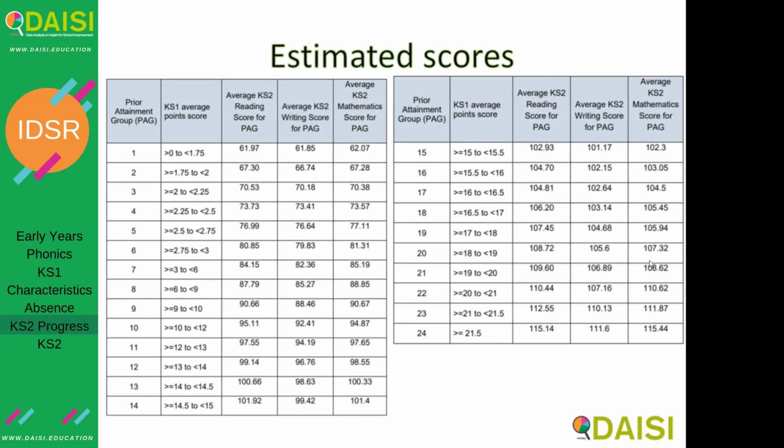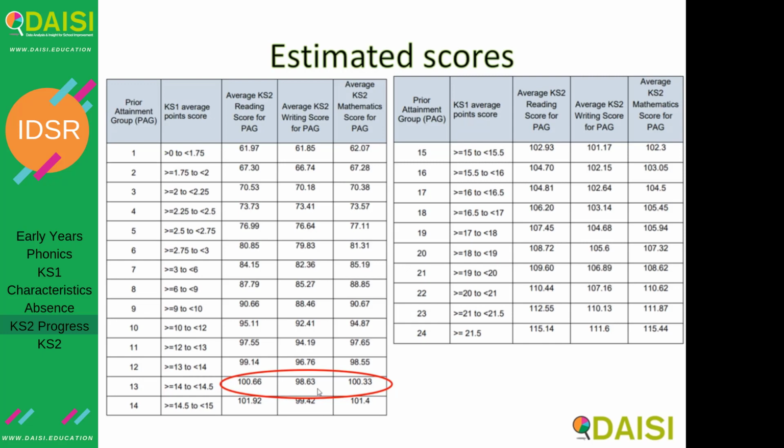So if we take another example, say someone around Key Stage 1 point score of 14, you can see that these pupils had on average a 50-50% chance of passing reading, of passing maths, and slightly less of passing writing. So this is your pass mark.